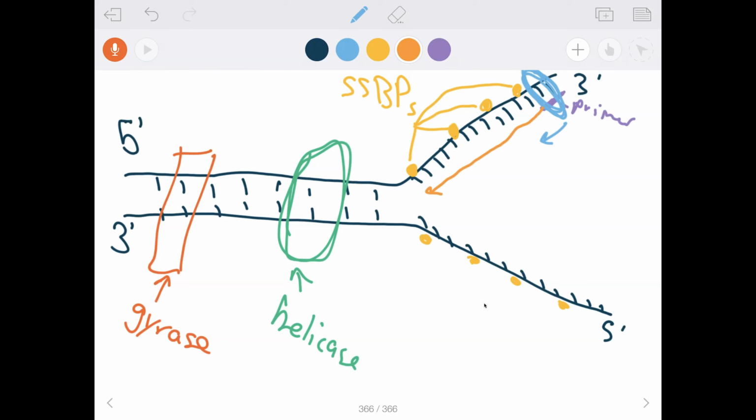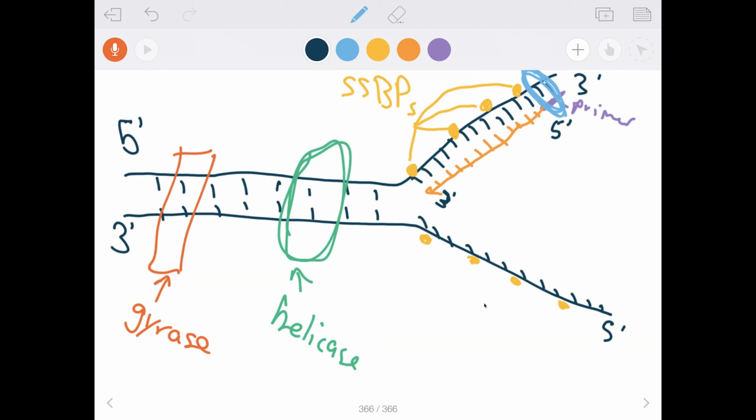It's going to build an identical copy, what we call a complementary strand. And since the top strand is 3' to 5', the strand it's making has to be 5', and this is the 3' end.